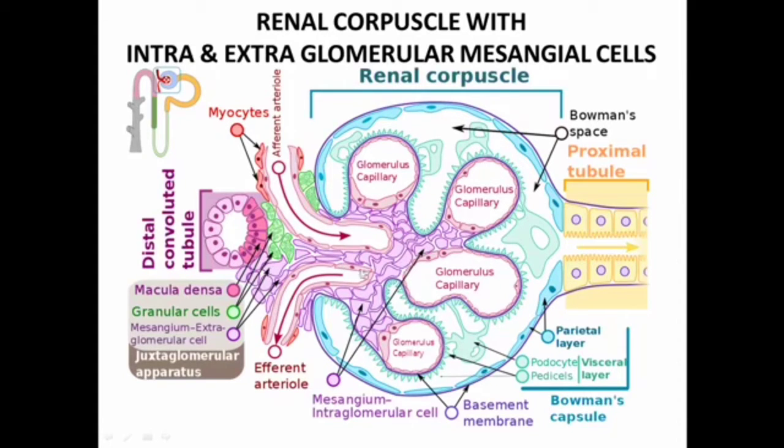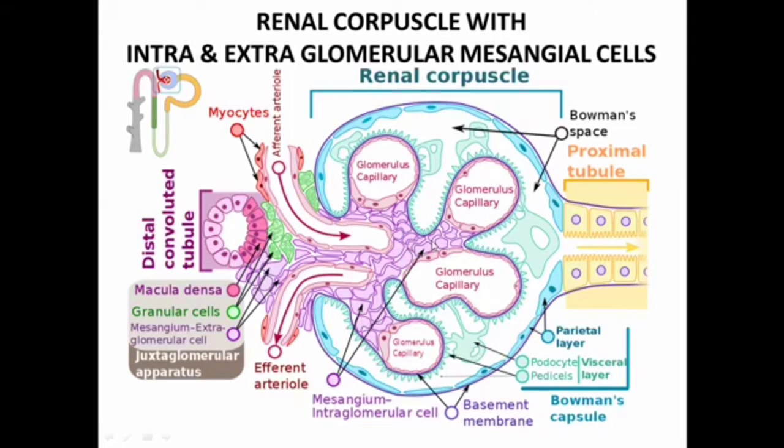So these are called the extraglomerular mesangial cells. Another thing, you can see here that these mesangial cells cover these glomerular capillaries on that side which is not covered by the podocytes.